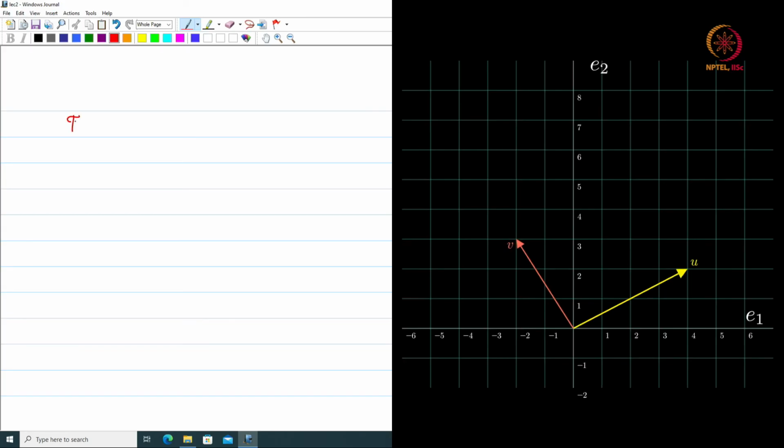The vector u that we have, which we just projected onto the direction of v, can be decomposed into two orthogonal components.